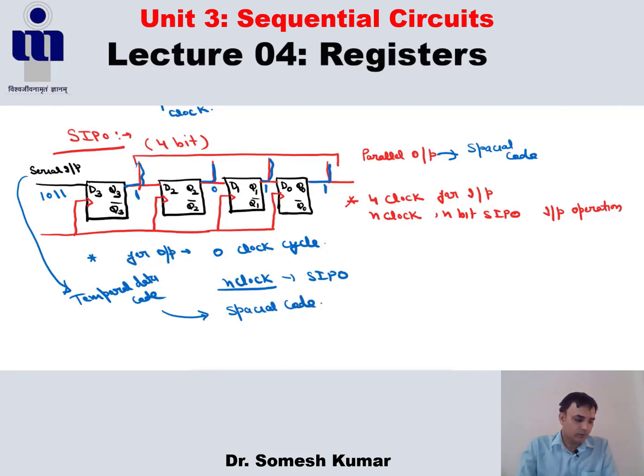The total delay of the SIPO operation is n TCLK. If TCLK is the clock period, then for the n-bit SIPO operation we need n flip-flops and the total delay is n TCLK. Now we will study this SIPO by taking one example.